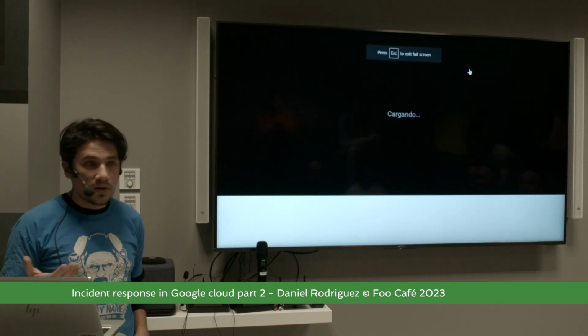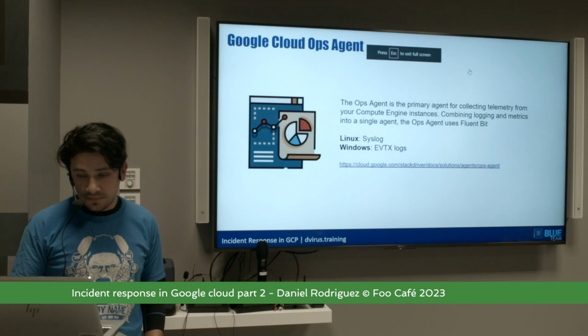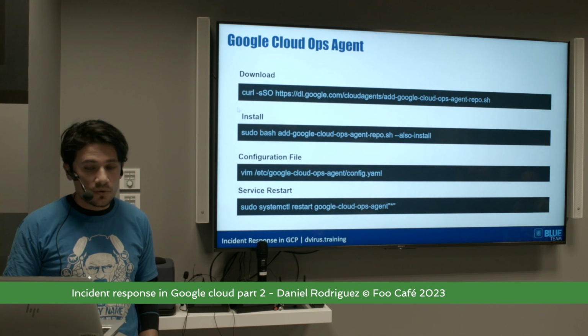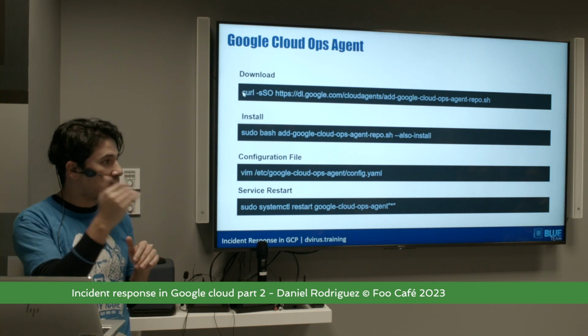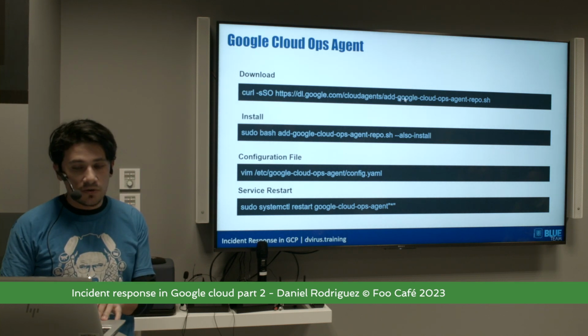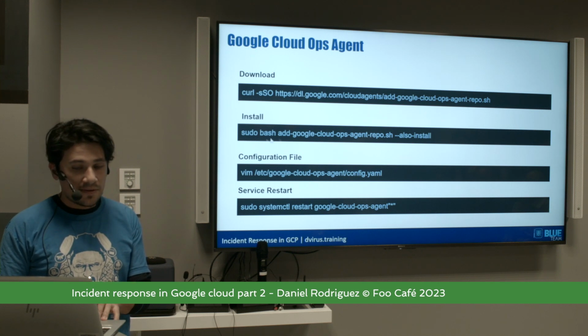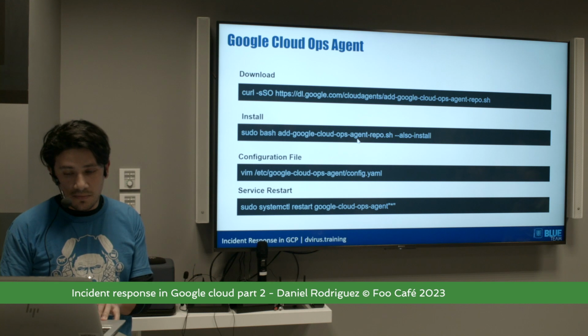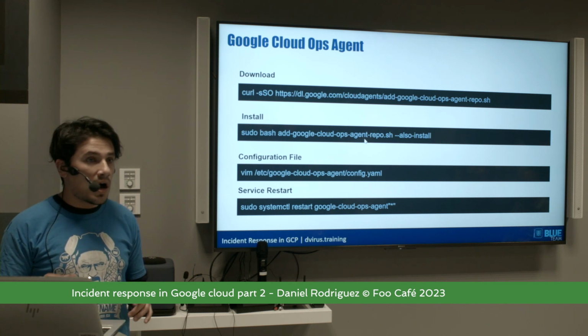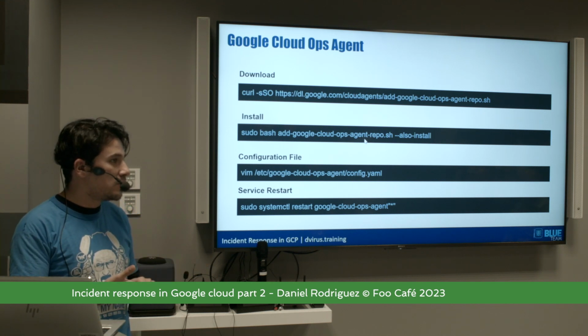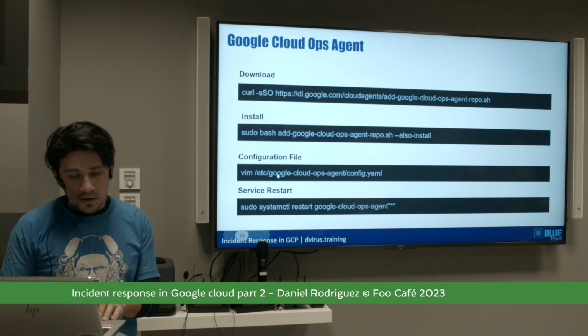Okay, this option is disabled by default, so we need to download it. We open our virtual machine and we can just execute this command. We need to install this agent. It's a bash file, and in Windows, it's just an executable file, an MSI file.